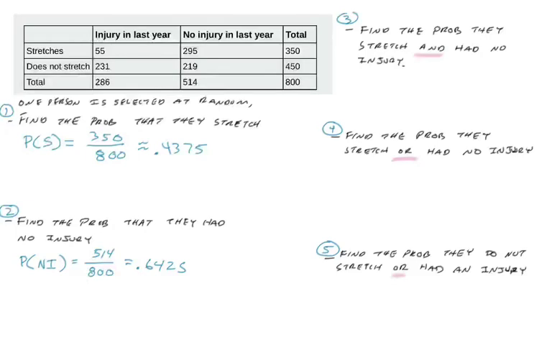So stretching was the 350, and then no injury was a total of 514. And it's always out of that grand total of the 800. Let's get to a little bit more tricky here. Now we're going to go ahead and do the AND case.